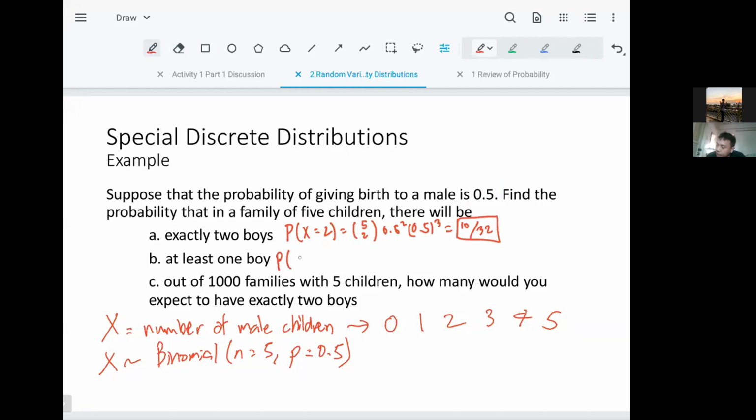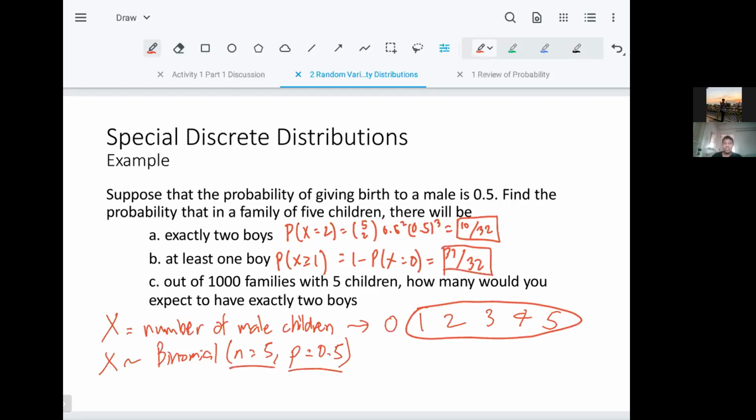P of X greater than or equal to 1. Yan yung at least. Nagawa na natin yung example kanina. Given na 0, 1, 2, 3, 4, 5 siya, gusto ko kunin 1, 2, 3, 4, or 5. That's just 1 minus yung scenario na 0. And given that it has the same parameters as our true or false example, 31 out of 32 din yan.